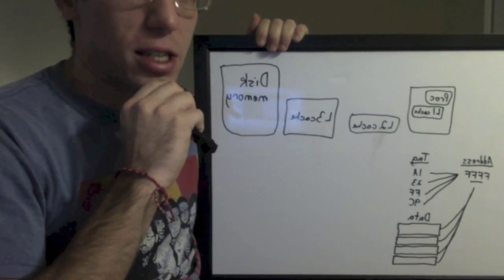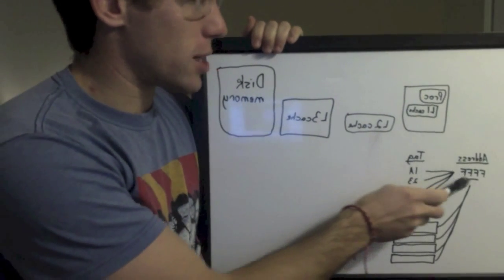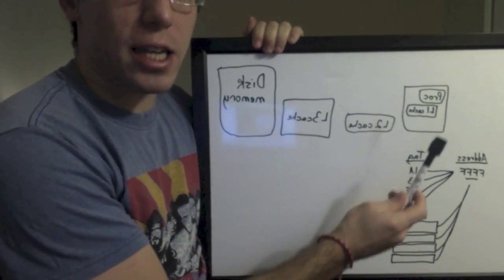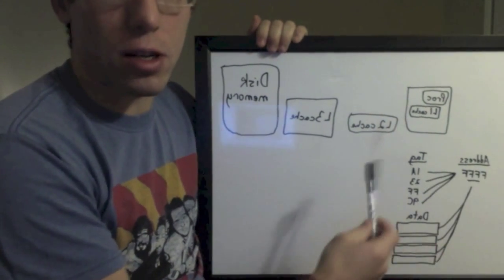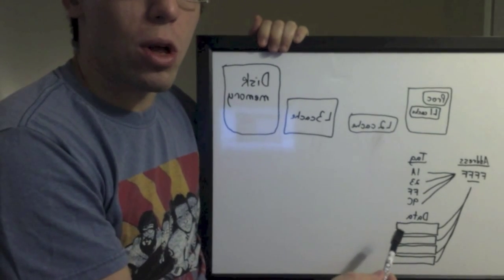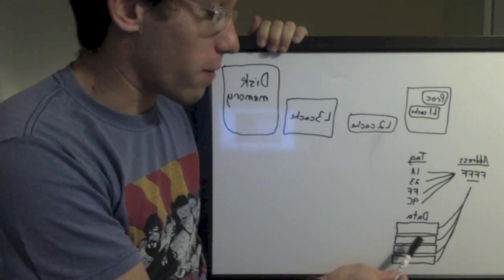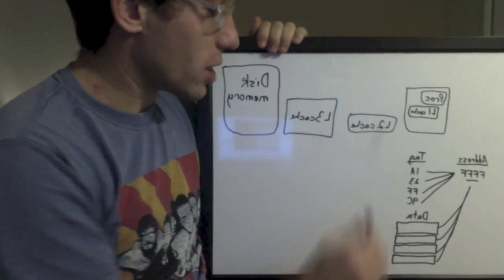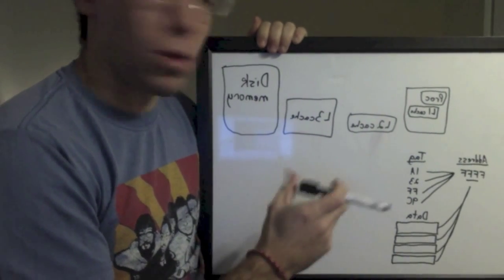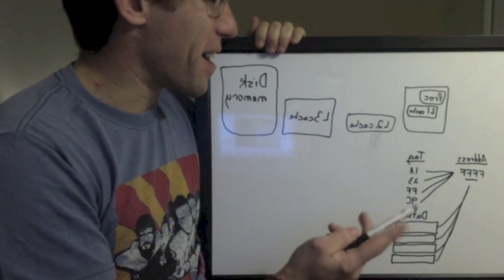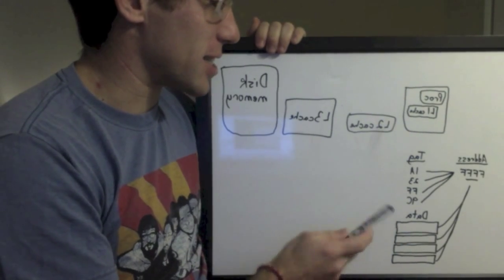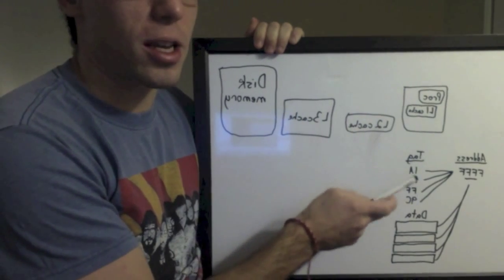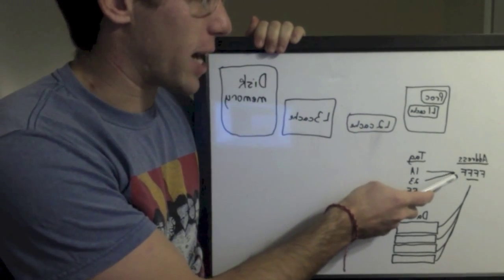What that means is for any address of data that we're trying to look up in L1 cache, or any of the other caches if they're also set associative, the data can be in any one of four ways in the cache. So the way we figure out where the data is sitting in the cache is we compare a tag. A tag holds part of the address that we're trying to access.